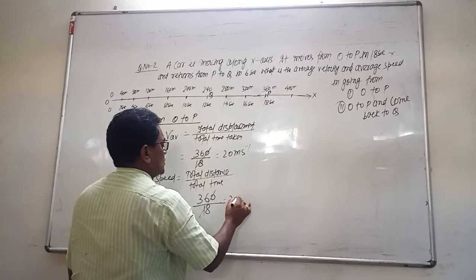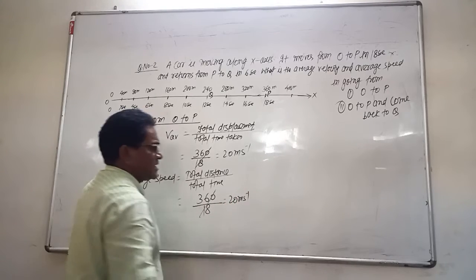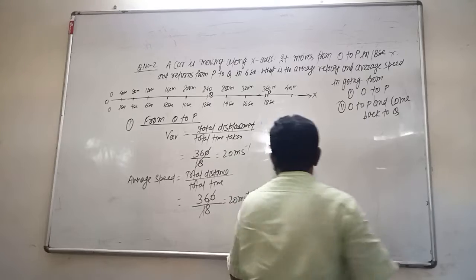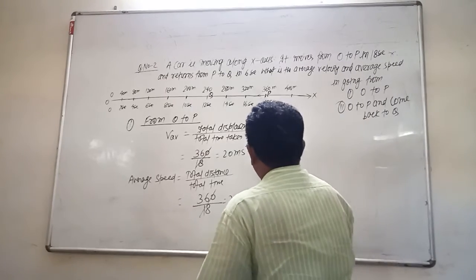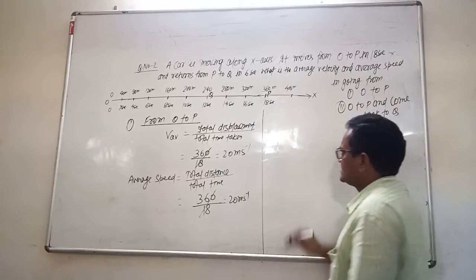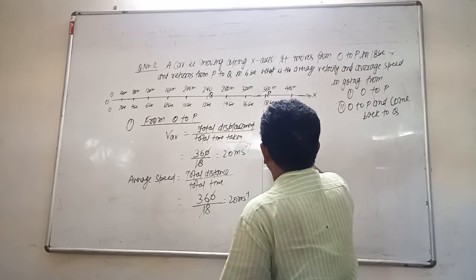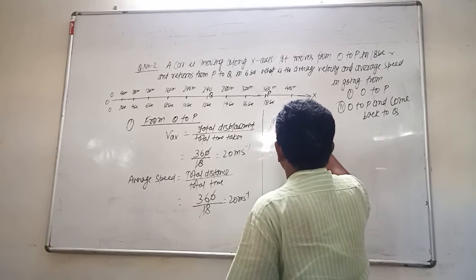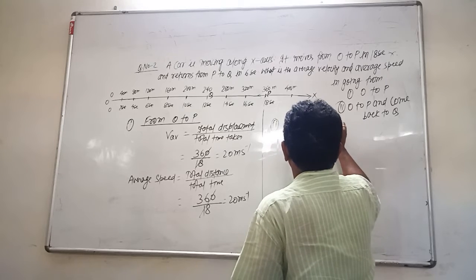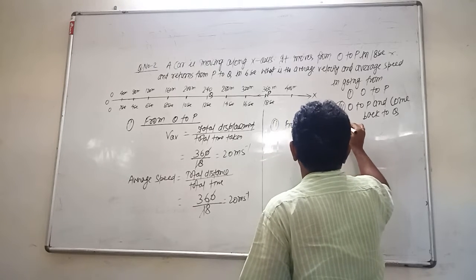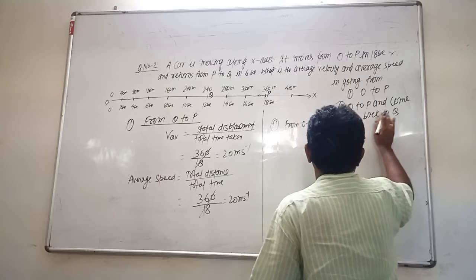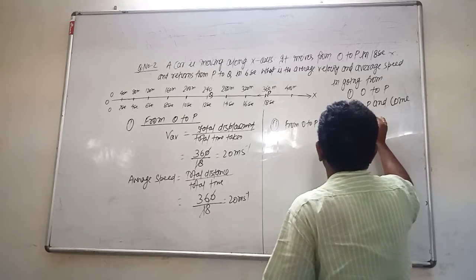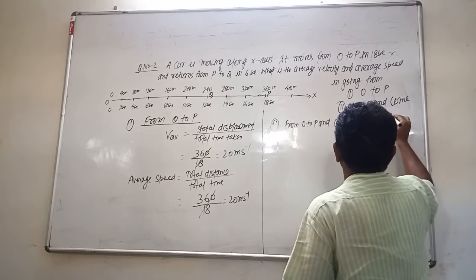So this is also 20 meter per second. In this case, in going from O to P, average velocity and average speed are both the same. Now the second case, in going from O to P and coming back to Q.